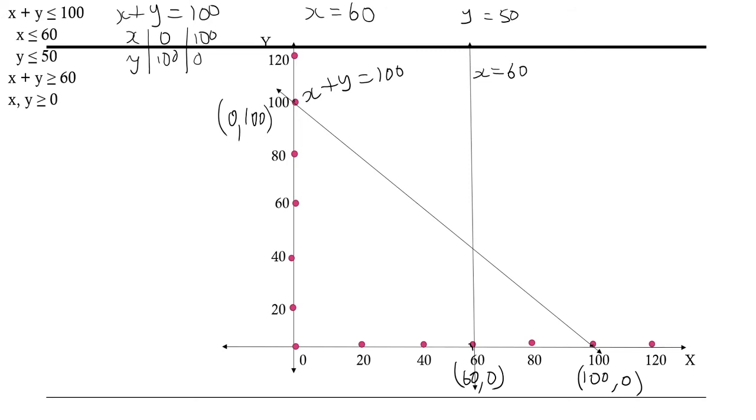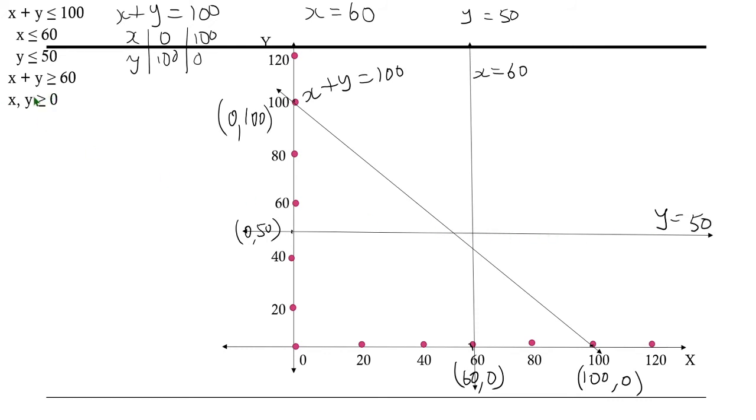Y equal to 50 is a straight line passing through 0 comma 50 and parallel to the x-axis. So this is the line y equal to 50.